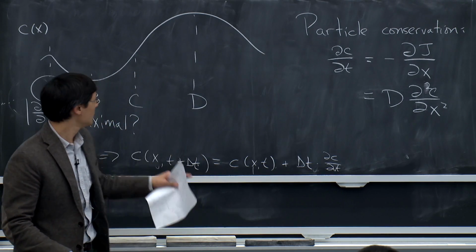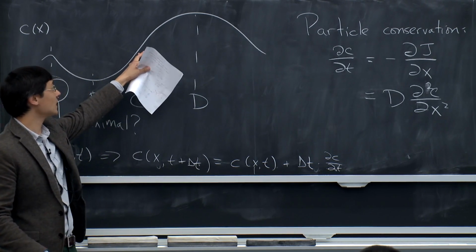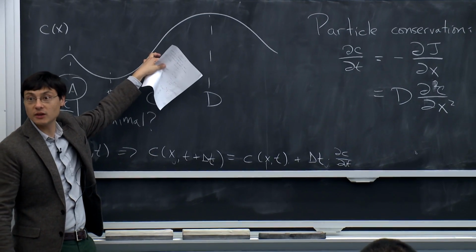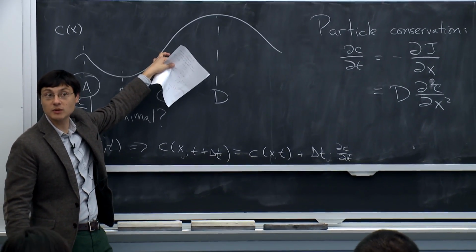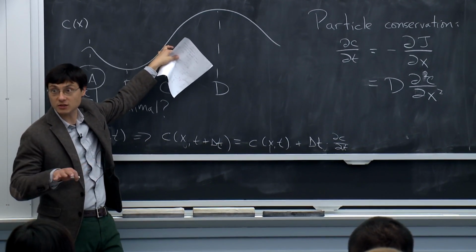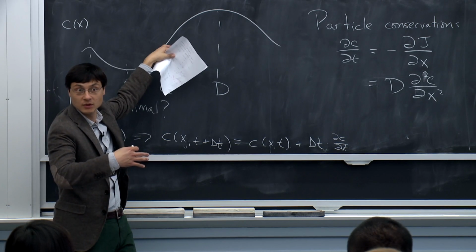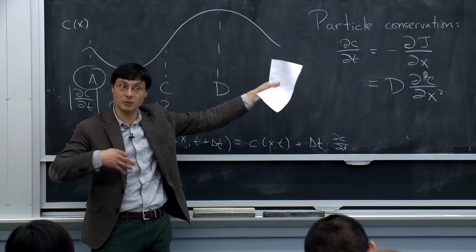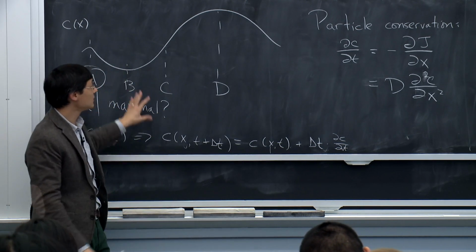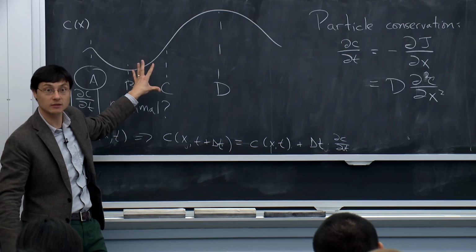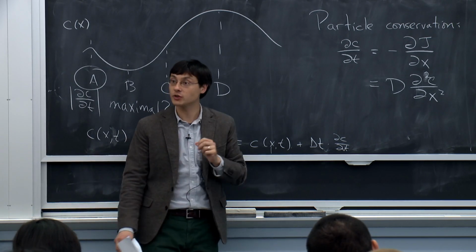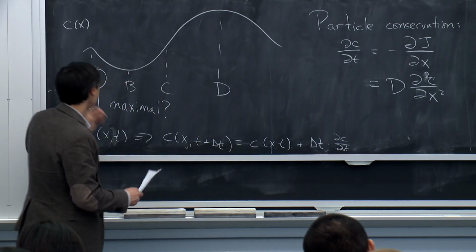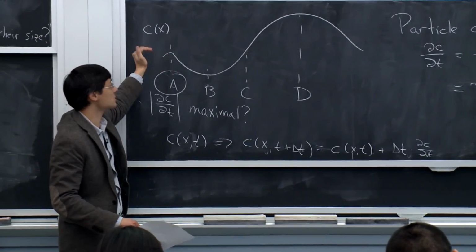Okay. So many people were saying C here. And actually, this is where the concentration will remain exactly constant over this next delta t. And of course, if we want to know what the concentration is going to do for a long time, then we have to do something more subtle. But if we want to know how the concentration is changing right now, then we just look at the curvature. Okay? And indeed, the curvature here is maximal.